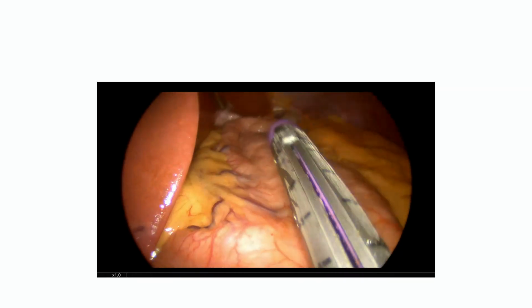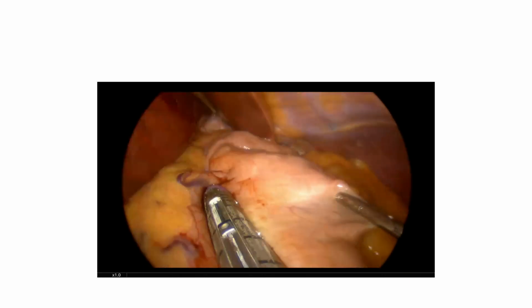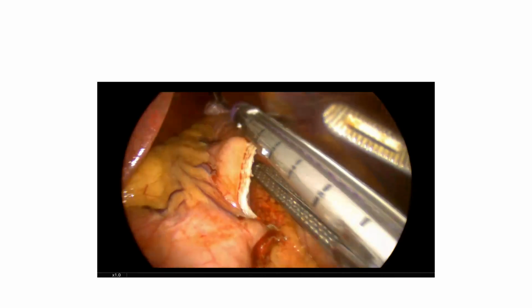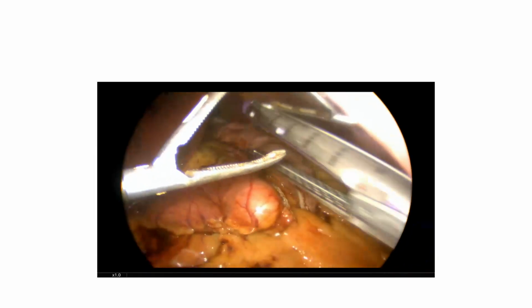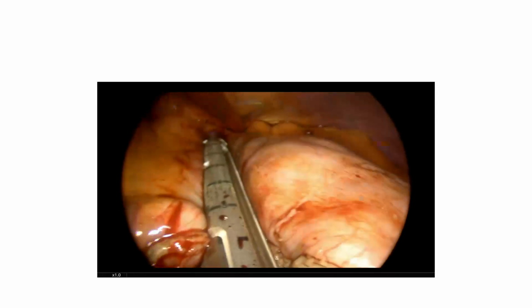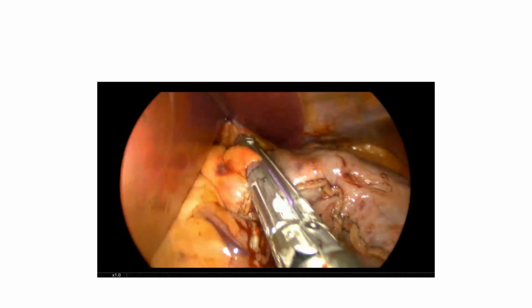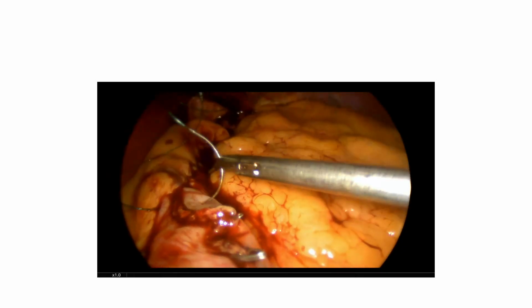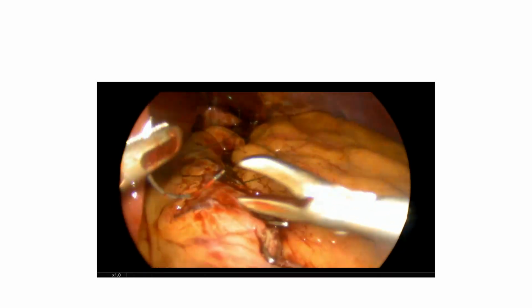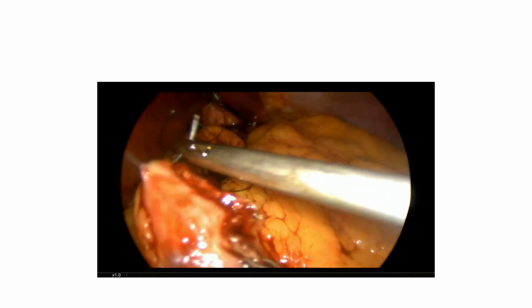We are not tight on the bougie. This is followed by oversewing of the staple line with non-absorbable suture.